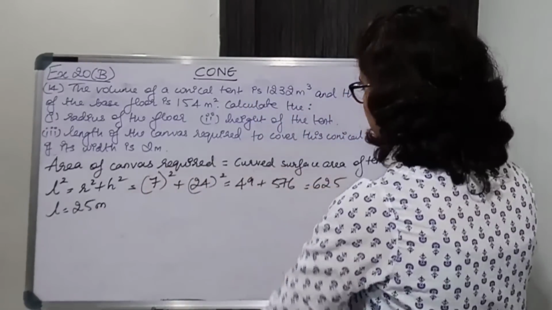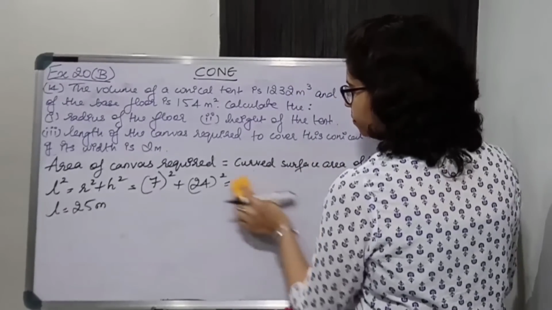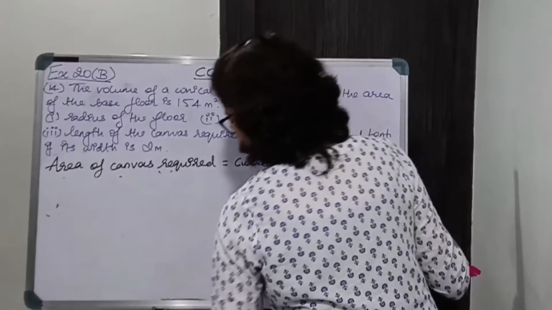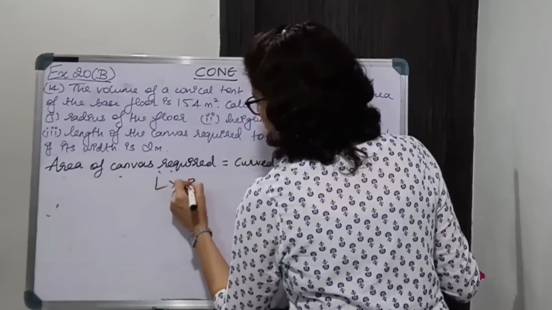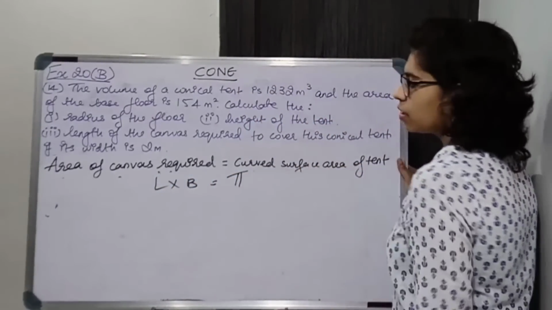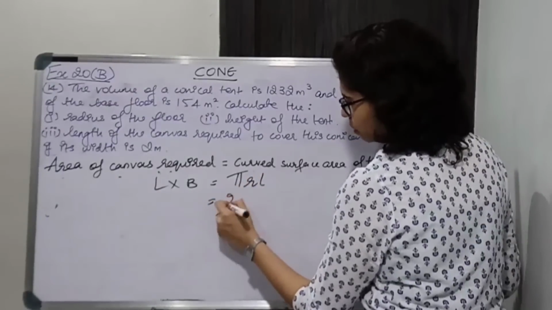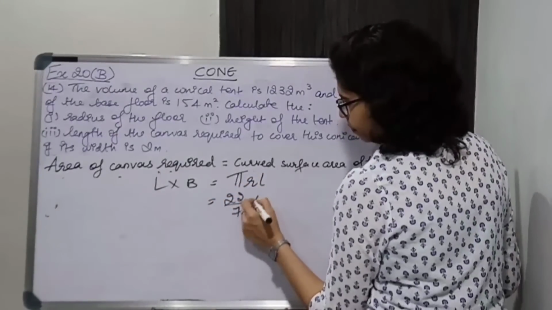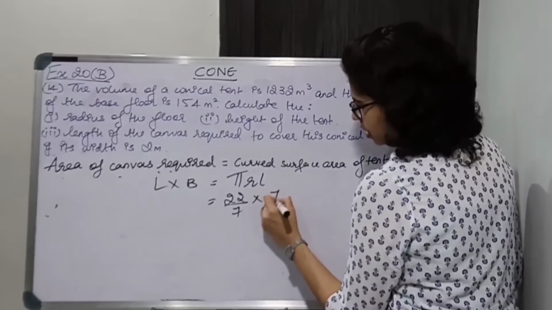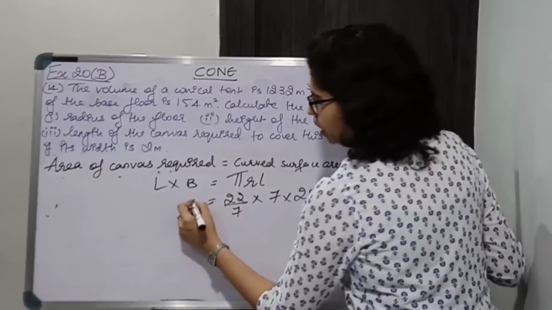So area of canvas required is equal to L into B, is equal to the curved surface area of the tent, that is pi RL, which is 22 upon 7 into r is 7 and l is 25, and B is 2.